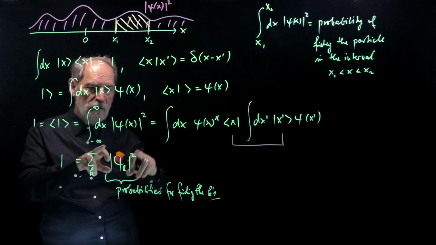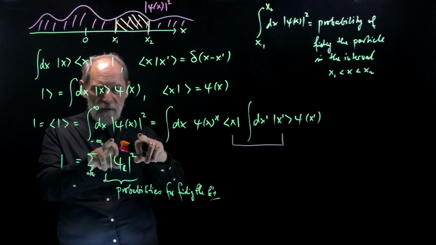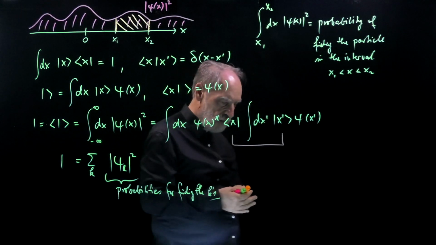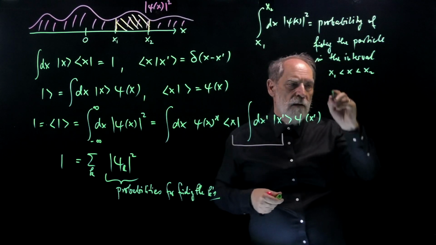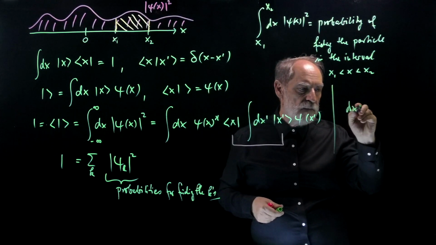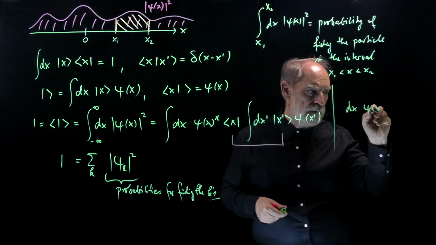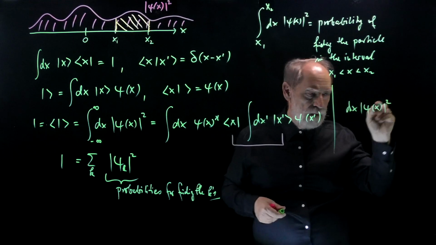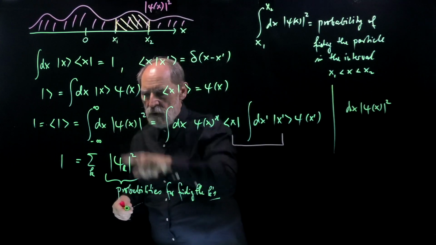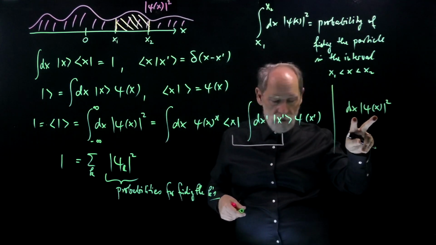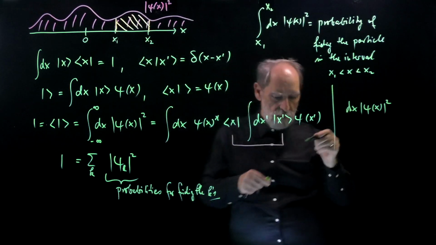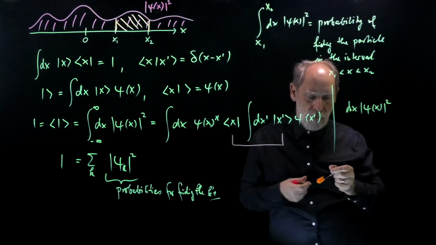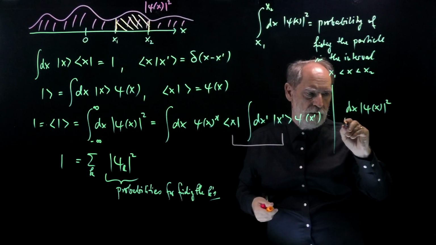So the psi of x squared is not a probability. The dx times psi squared that we meet here, that's the closer analog of the psi of k squared for the discrete case. So this is a probability element.